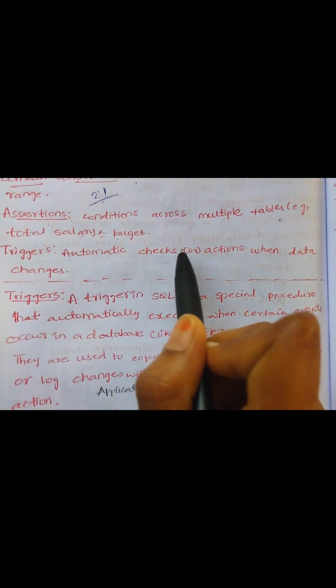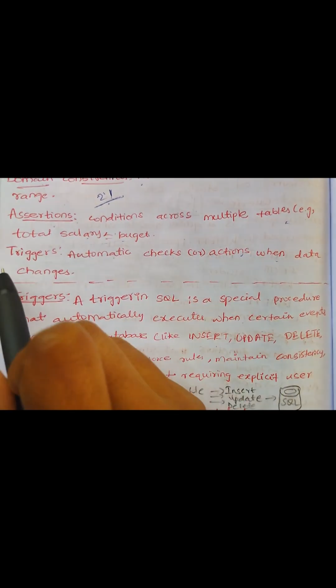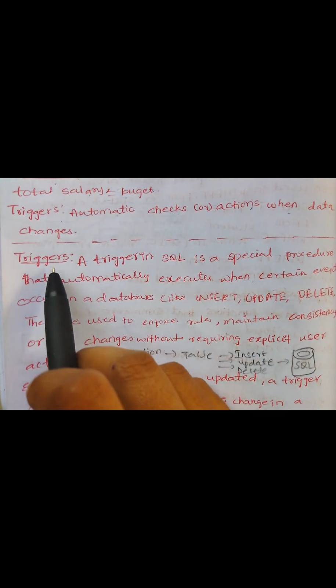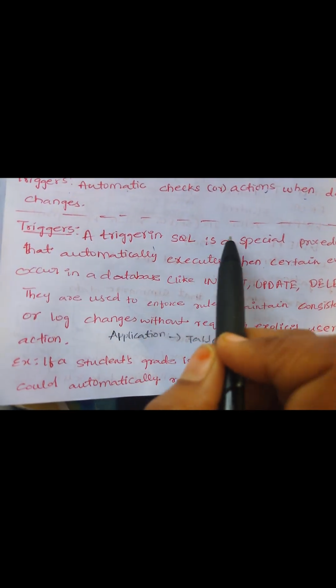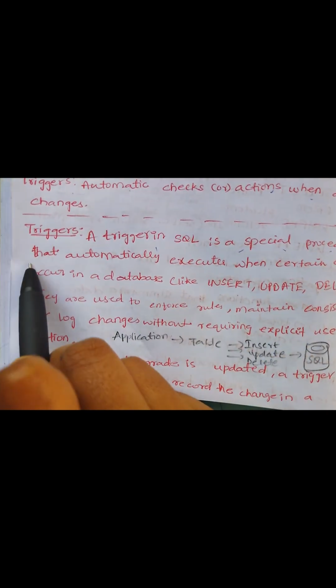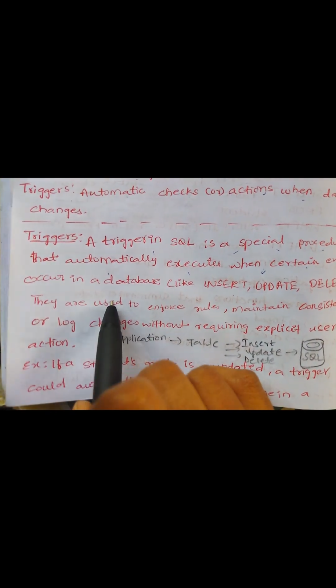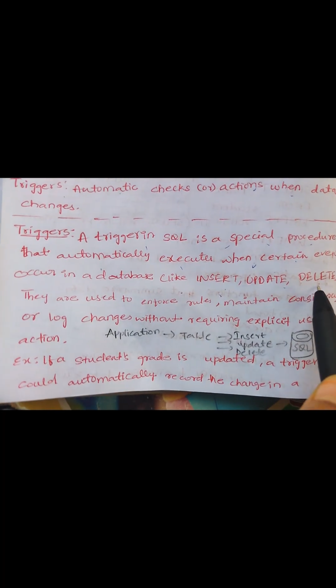Trigger. Automatic checks or actions when data changes, like inserting, deleting, updating, is known as the trigger concept. A trigger in SQL is a special procedure that automatically executes when certain events occur in a database, like inserting, updating, deleting.